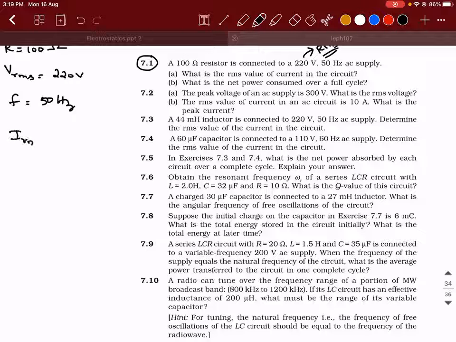At least this you can answer. Very simple. IRMS is equal to VRMS divided by R. So 220 divided by 100 will be 2.2 ampere. So the RMS value of current that is flowing through the circuit is 2.2 ampere. Please make a note of it.